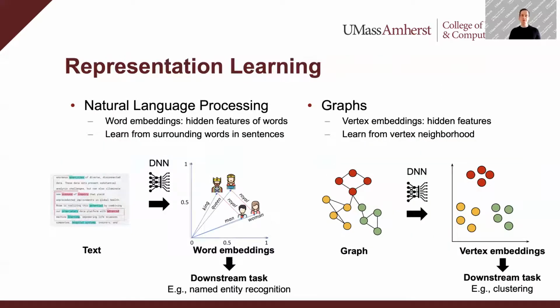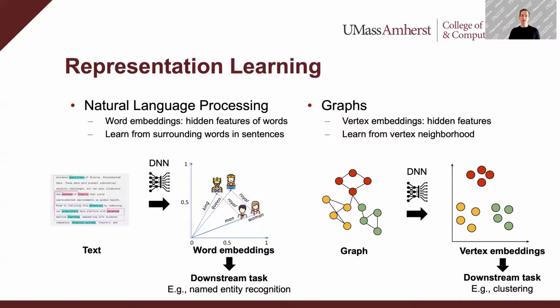One important intermediate step when you perform machine learning is representation learning. Instead of coming up with features yourself, it's often better to use a neural network to find the relevant features of data, which may be hidden. For example, in natural language processing, it's very common to extract embeddings for words.